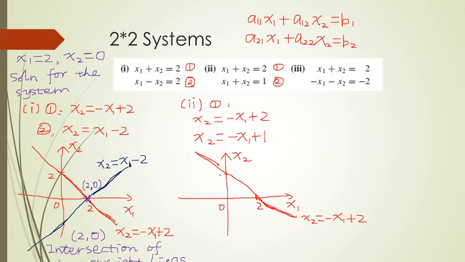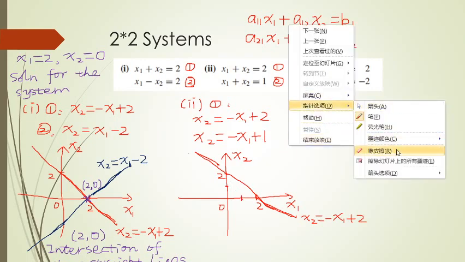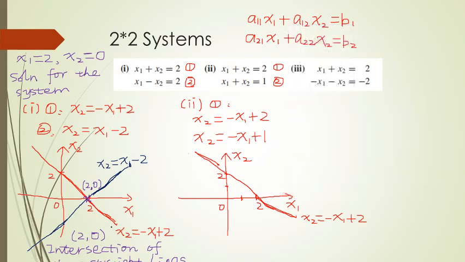Here is 2. Here is 2. How about the second line? Let me use blue color. That will pass through 1, 1. The intercepts on x and y are both 1. So this is x2 equals minus x1 plus 1.